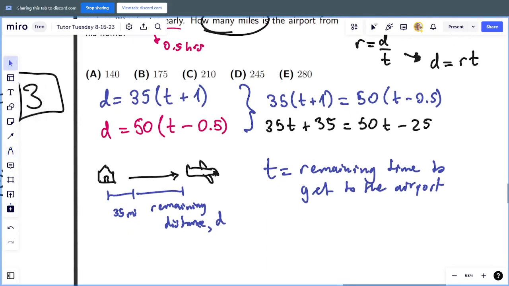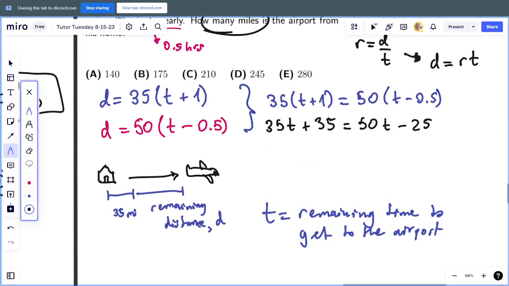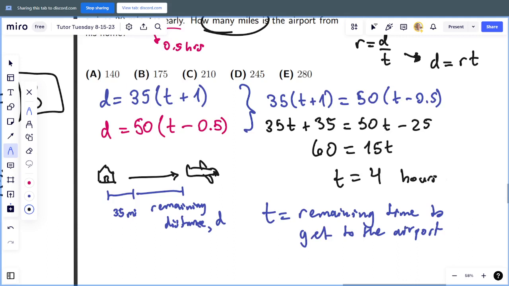And I need to move this down to give myself more solving space. After we combine some like terms, 15t is equal to 60, or that t is equal to 4 hours remaining. Remember, this is the remaining time, not counting the time that he already traveled.